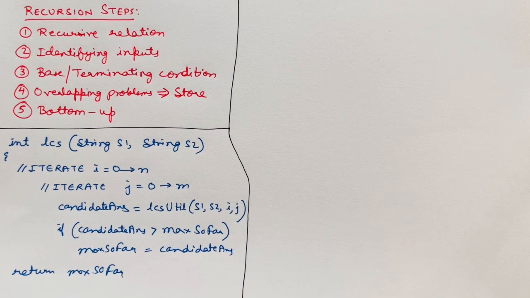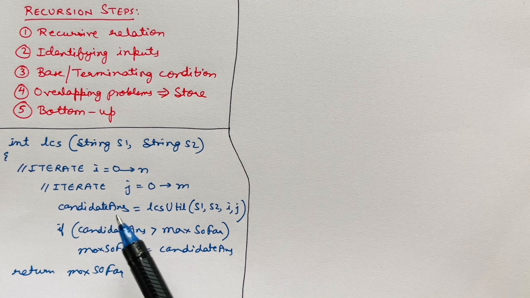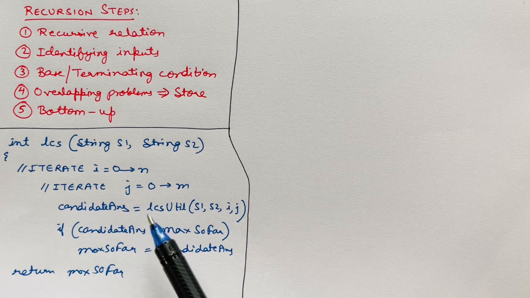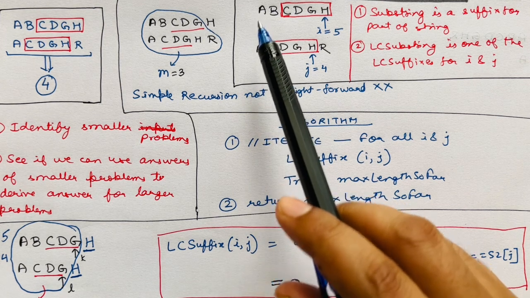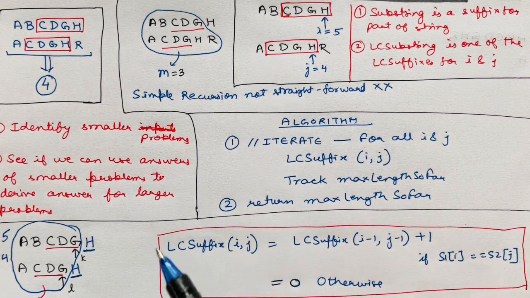However, there is a very small complication here. What is the range of i and j? i and j both denote indices in the string, so they can range from 0 till m-1 or till n-1. So what will i equal to 0 and j equal to 0 refer to? They will refer to the first characters of both the strings.